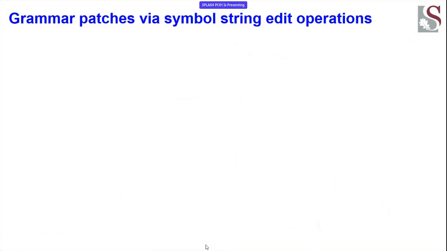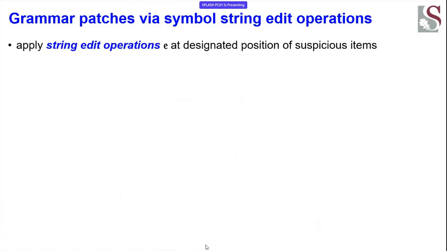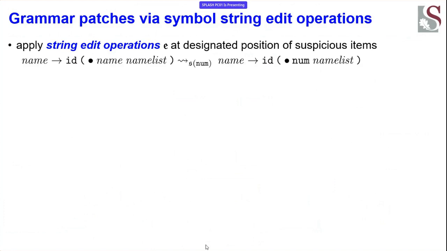So let's look at some examples. So the idea is that grammar patches can be implemented via symbol string edit operations. We just apply the standard operations at the designated position of the items that our localizer spat out as potentially suspicious. All right? Here's an example. There's the rule on the left-hand side with the bullet designating the position.